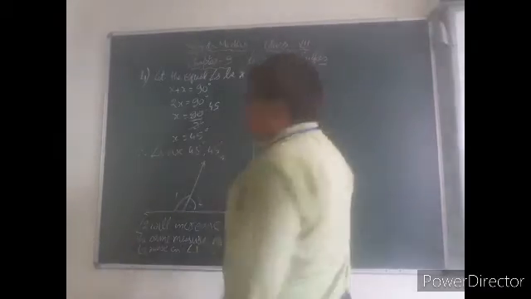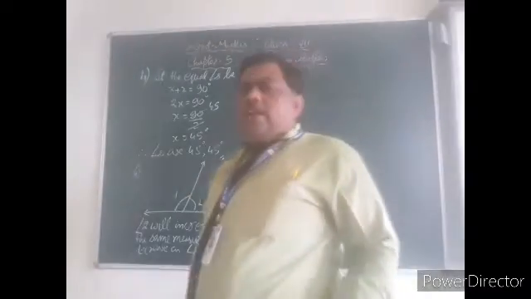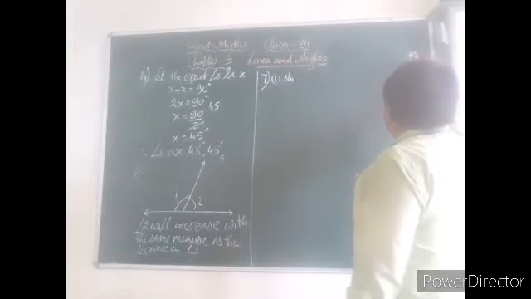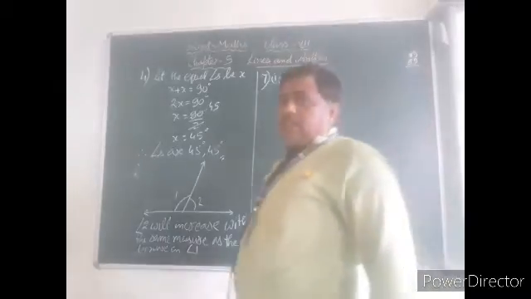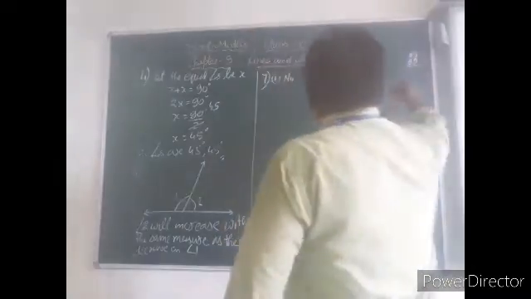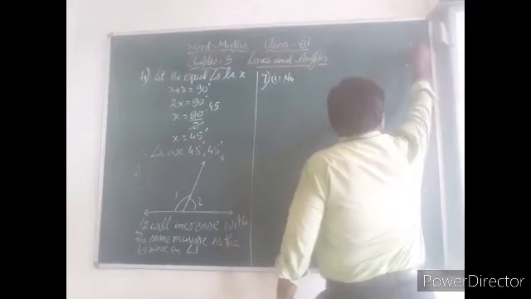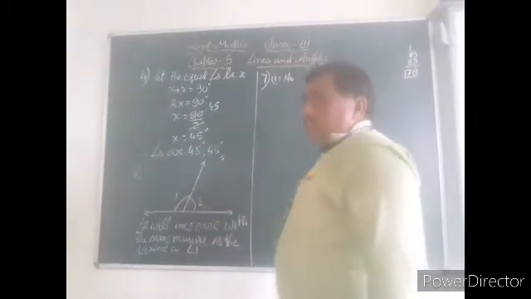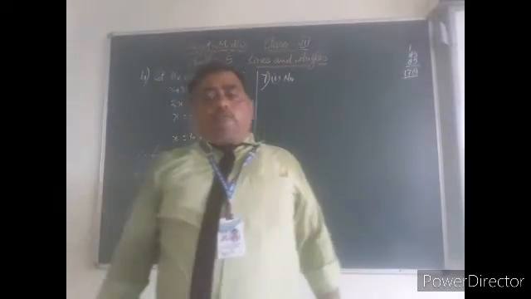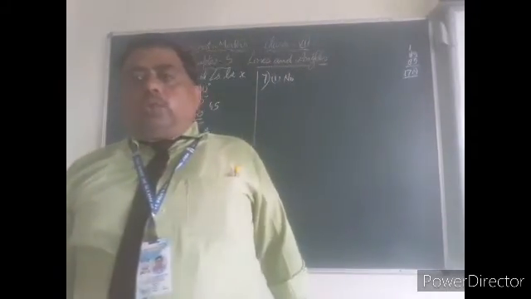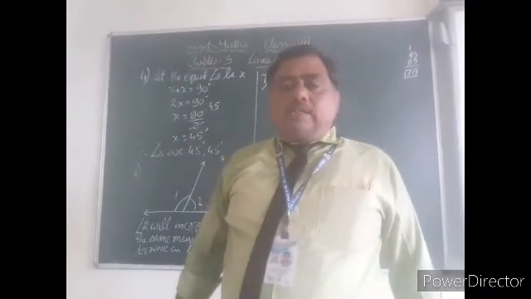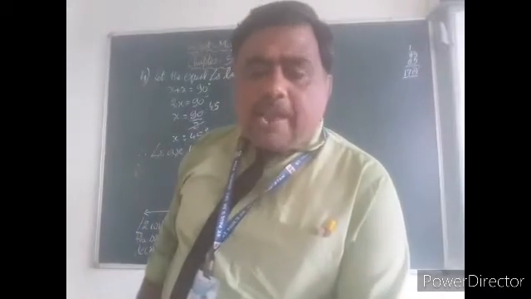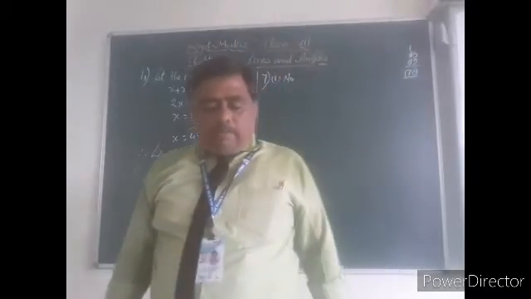Let's take one example. Suppose 89 and 89 degree. Acute angles are less than 90 degree. 9 plus 9, 18. Carry 1. 8 plus 8, 16, 17. 178 degree. Therefore, the sum of two acute angles cannot be supplementary.